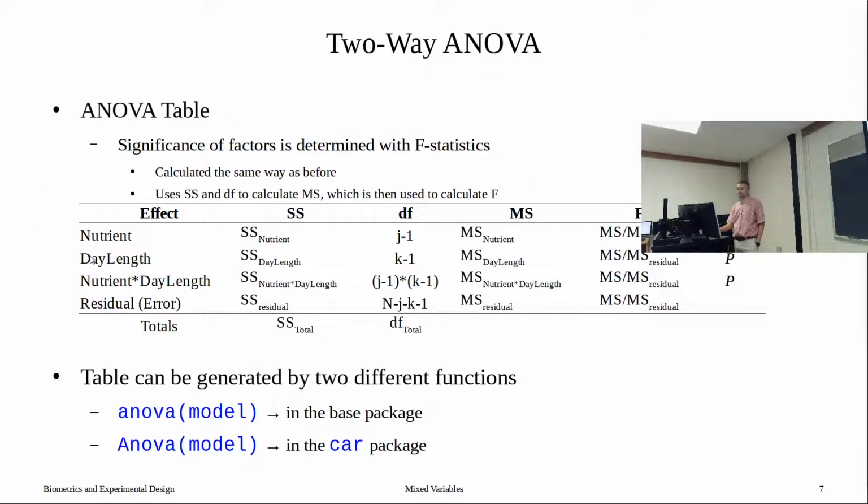If we're interested in the p-value of nutrient and day length, this is the p-value after we've accounted for the other one. Now the catch is that it only accounts for the other variables at the same level or below it. So for nutrient and day length, this only accounts for these two because they're at the same level.